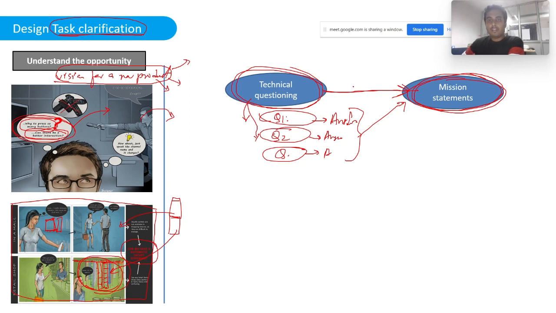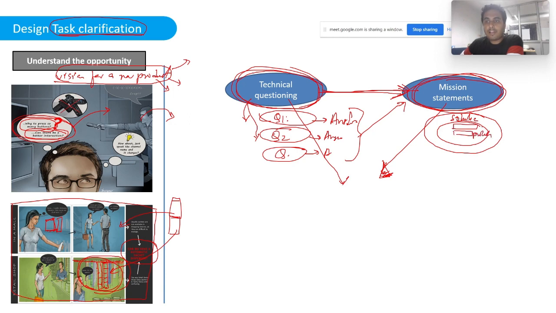Do you know why these two activities are important, technical questioning as well as defining a mission statement, and what they are? As I already told you, the mission statement is basically what the solution is finally going to define: its specification, what problem it is solving, how it is solving it, what markets it is going to capture, and how unique it is.